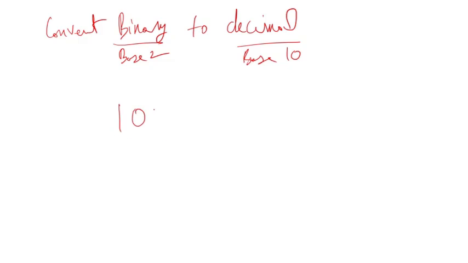And here's the number. And we just did this, so this better be 35. So how do you figure this out? You basically start from the back, so that you take 1 times 2 to the power of 0.